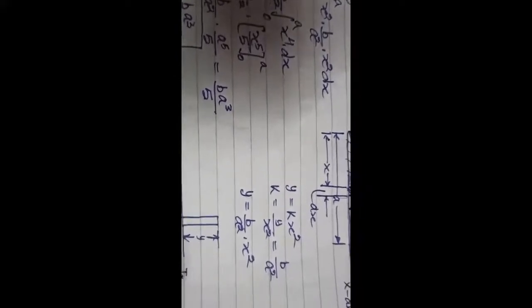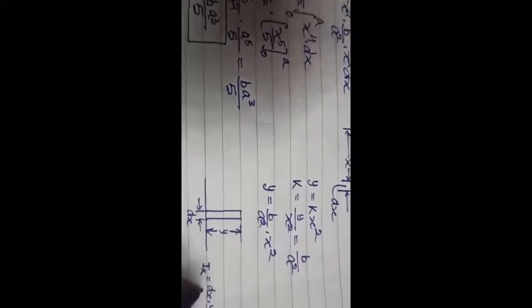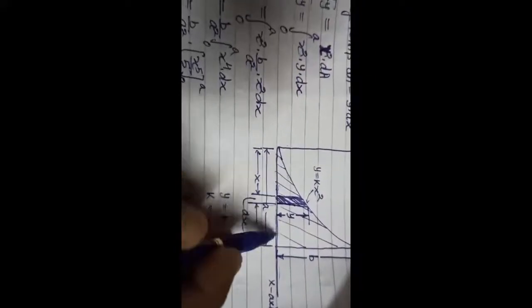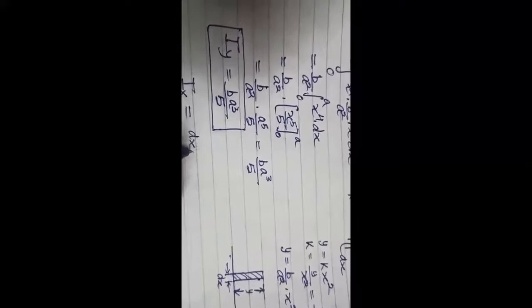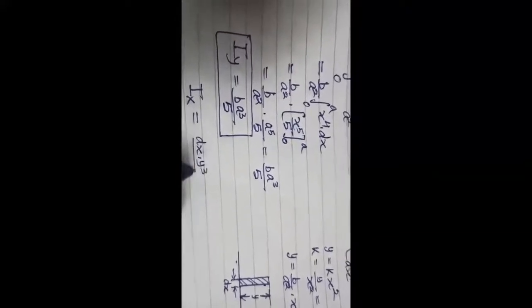So this is b and this is h. So for this, Ix is dx into y cube by 3, for this strip about this xx line, this baseline.